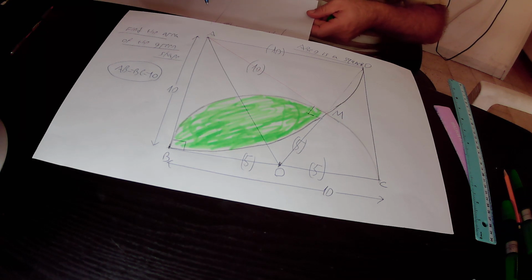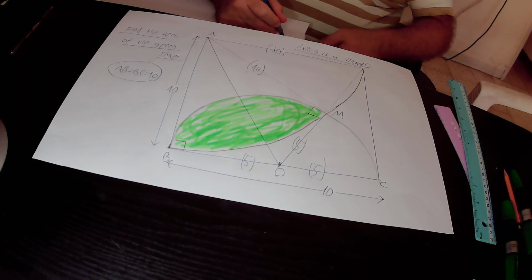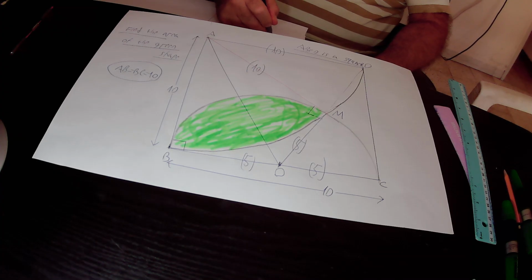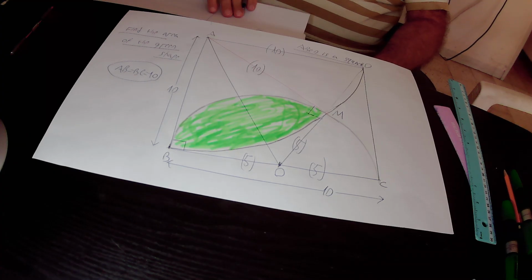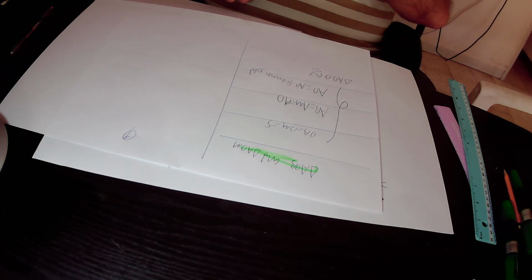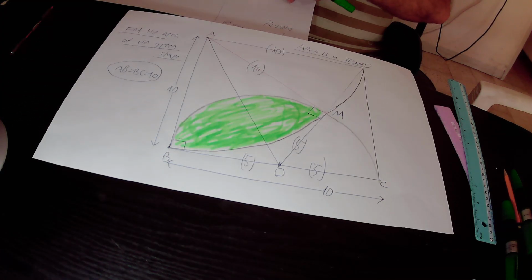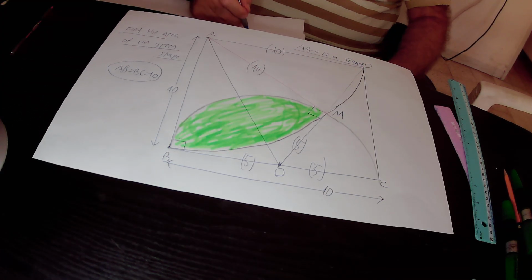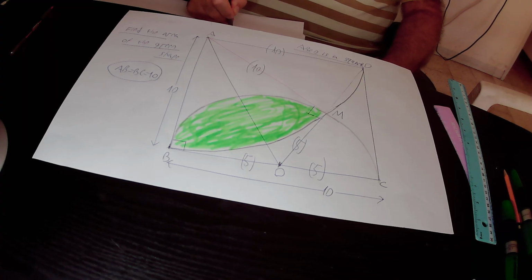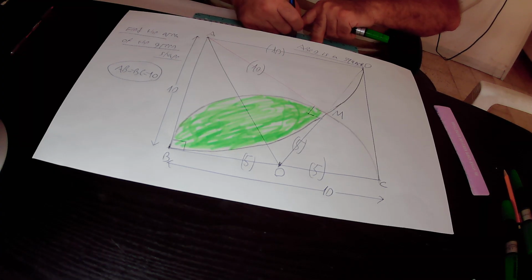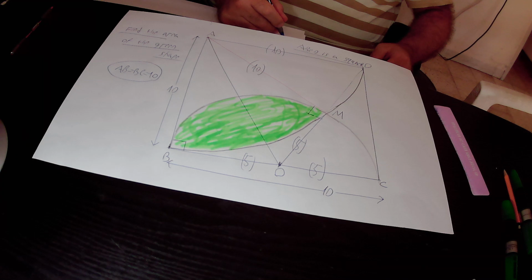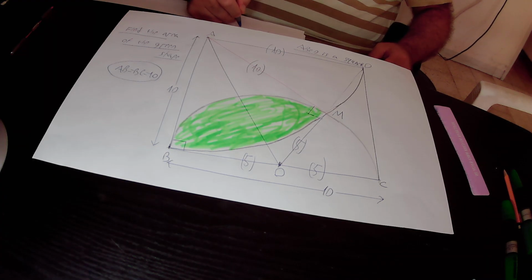The right triangle ABO, this is the sign of congruent, to the right triangle AOM, according to the side-side-side rule.